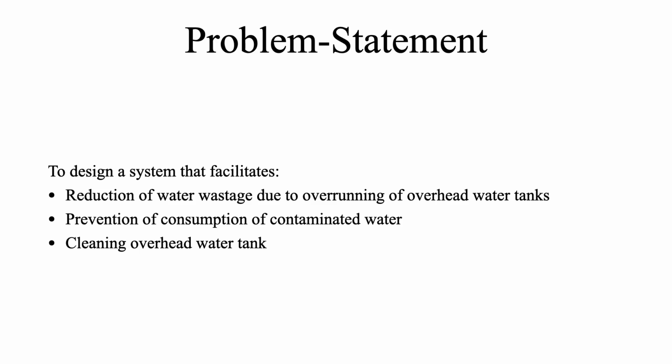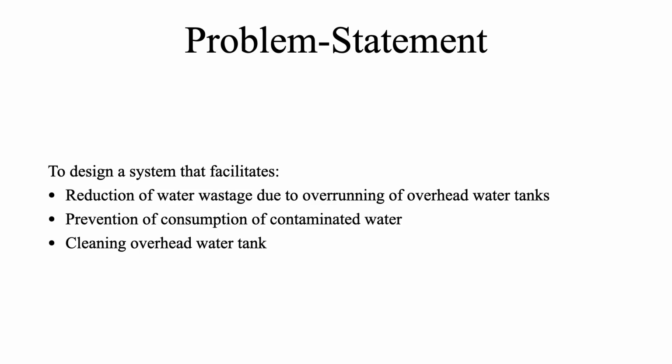We wanted to design a system that would achieve the following objectives. The first objective is to reduce water wastage due to overfilling of overhead water tanks, which we found is a major source of water wastage from our observation. The second objective is to prevent consumption of contaminated water.